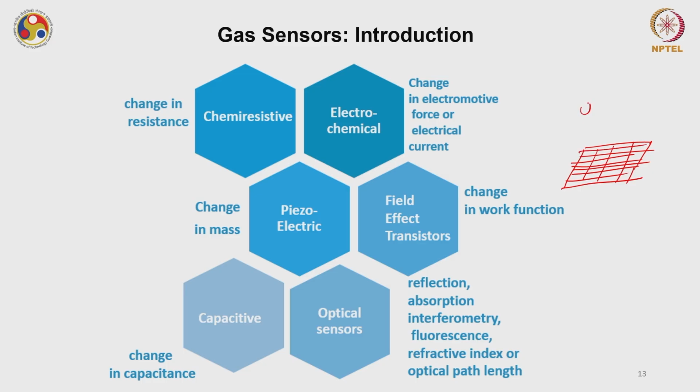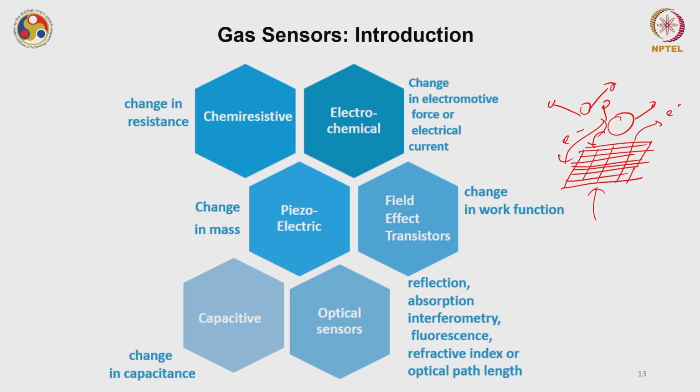Now some gas molecule, when it interacts with this surface, can either donate an electron or take an electron from it. Based on this charge transfer, I can have a change in resistance of this film, or I can say a change in conductance of this film.